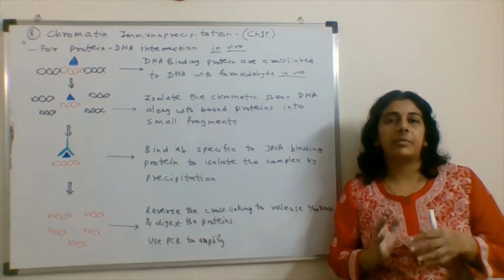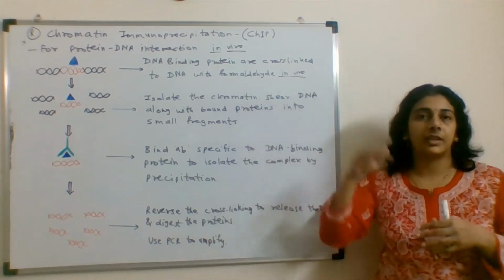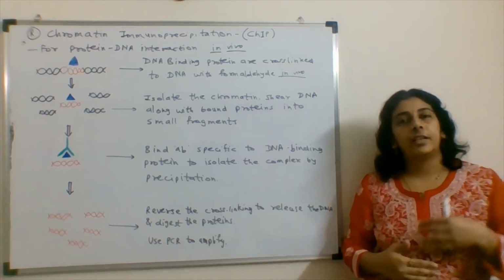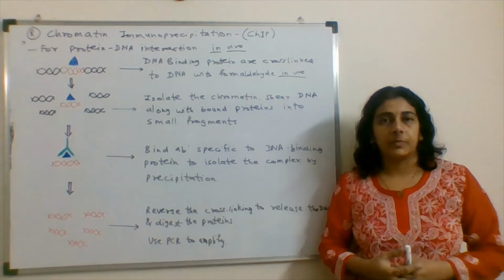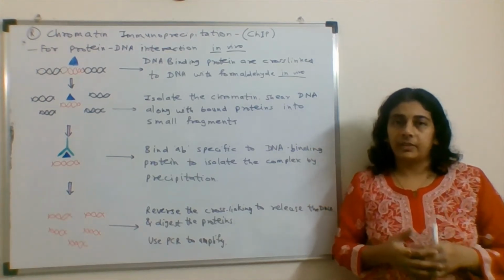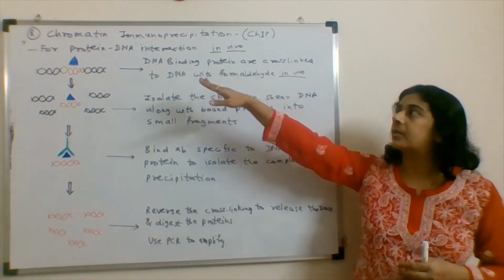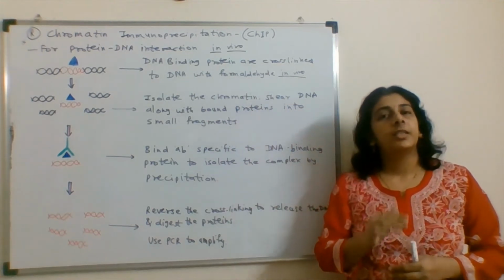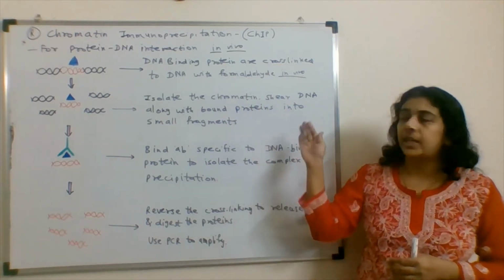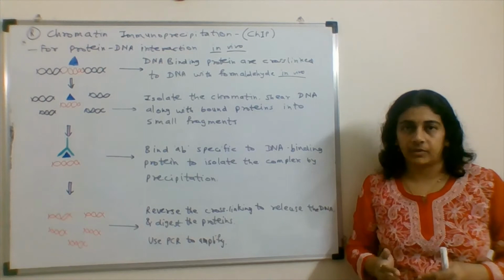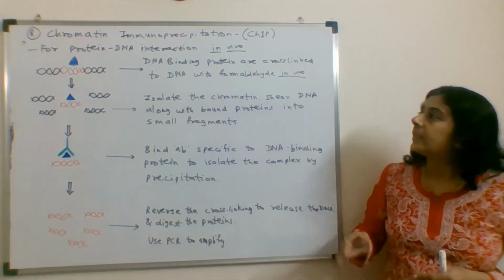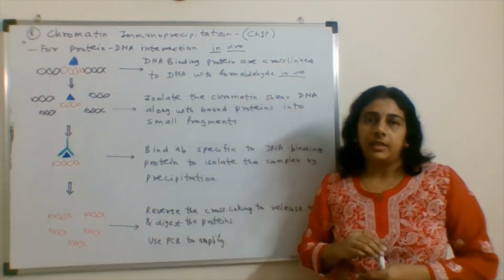So remember this difference: in vivo, that is inside the cell, and in vitro, that is in a test tube. EMSA is used for in vitro, and this ChIP or chromatin immunoprecipitation is used to understand the protein DNA interaction in vivo.